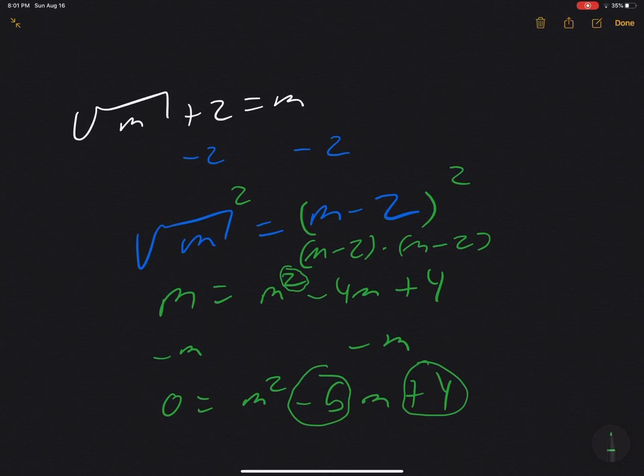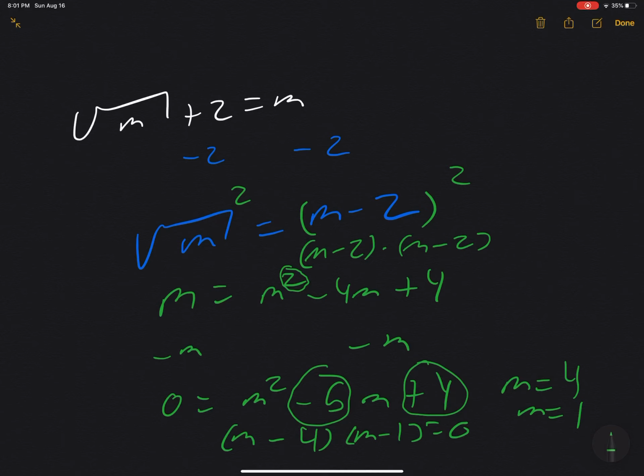Those two things are just m minus 4 and m minus 1 equals 0. So our two possible solutions here are m equals 4 and m equals 1. Let's check to see if they're both correct.